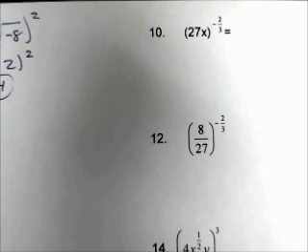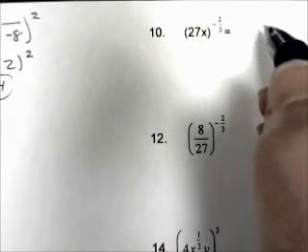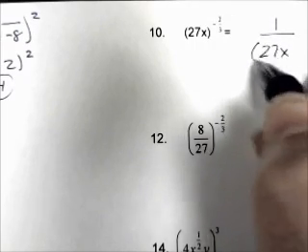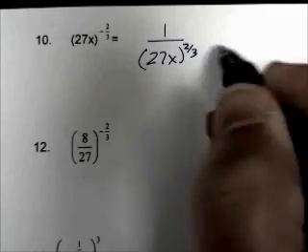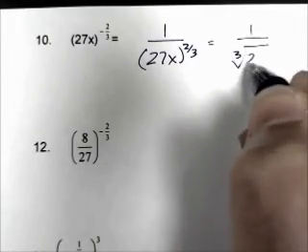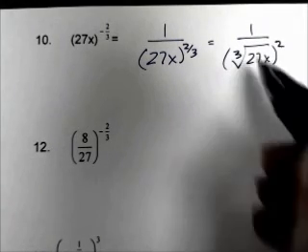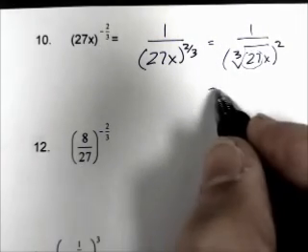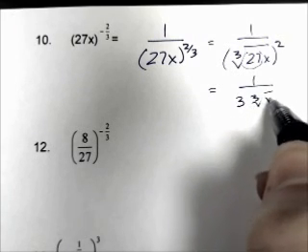Number 10, 27x raised to the negative 2/3. Take care of the negative first by writing it as 1 over 27x raised to the positive 2/3. And this is 1 over cube root of 27x squared. Out comes the cube root of 27, which is 3. So this is 1 over 3 cube root of x.